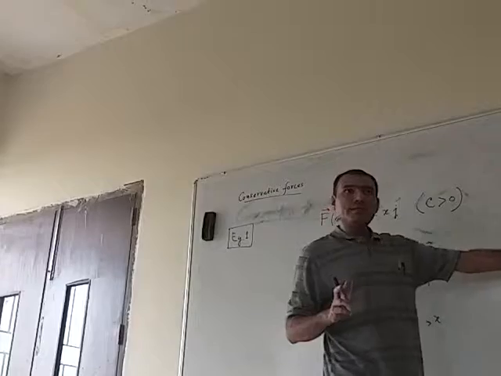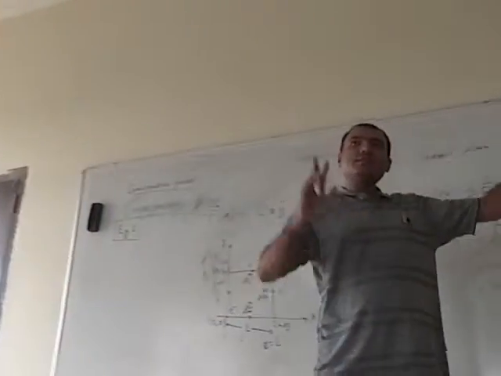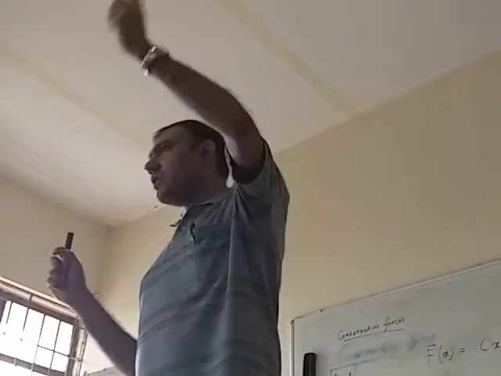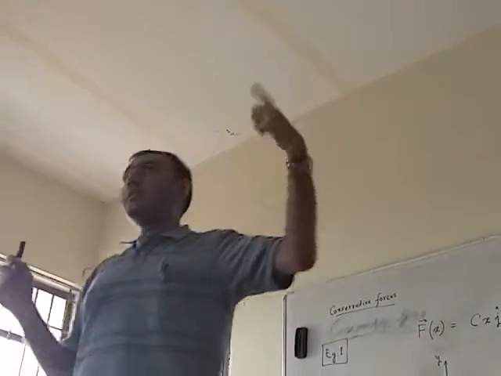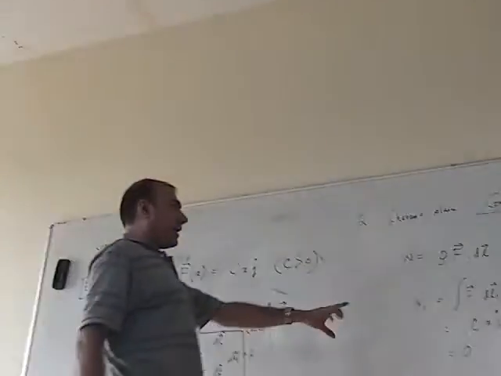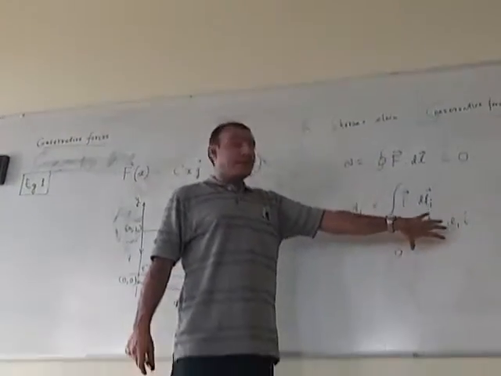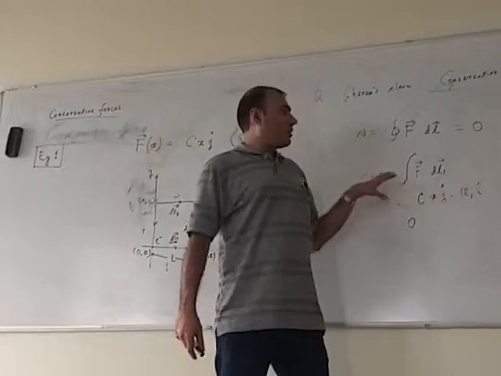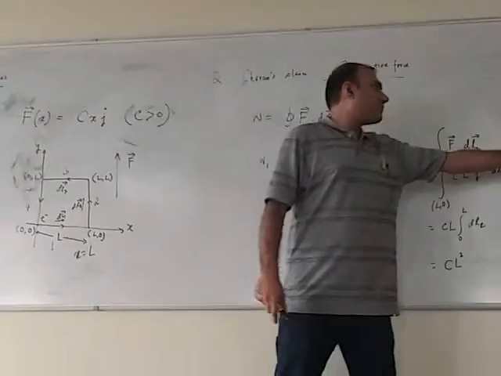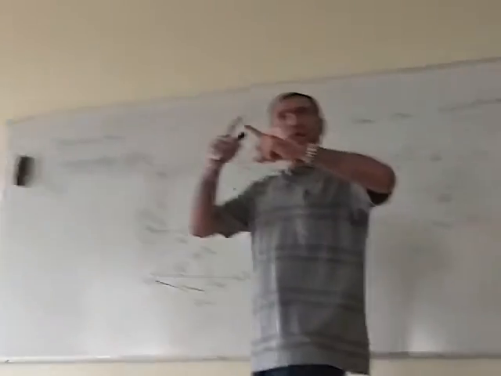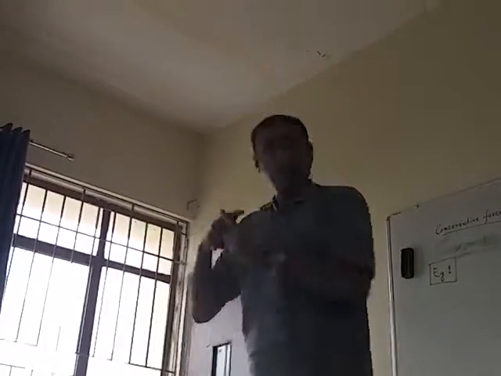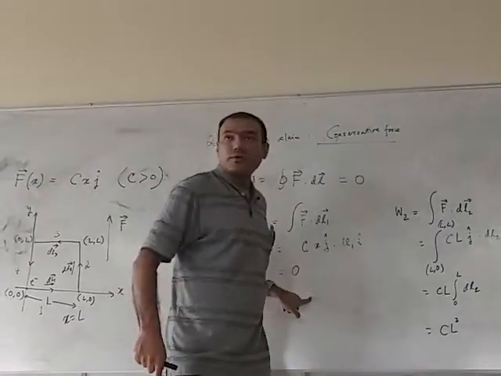Do you get this? So all I've done is split up the entire loop into 4 legs and evaluated the work done in each of the legs, but do understand that it gives 0 for the first, third and fourth. For the first and third, it's effectively due to the direction between the displacement and the force. You see the dot products have become 0 here.